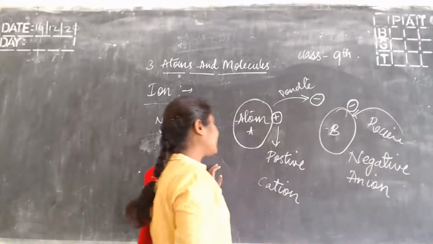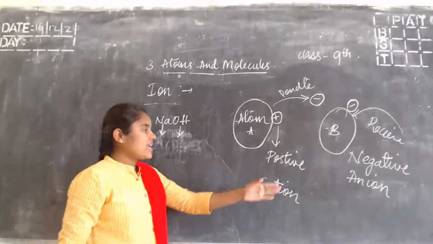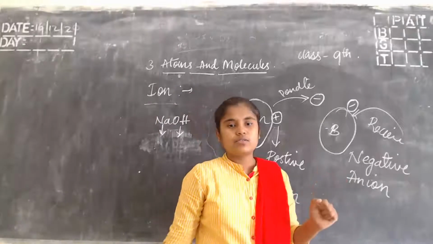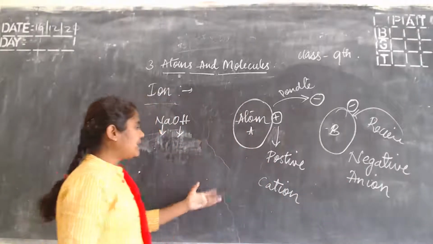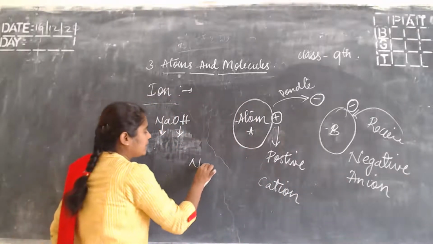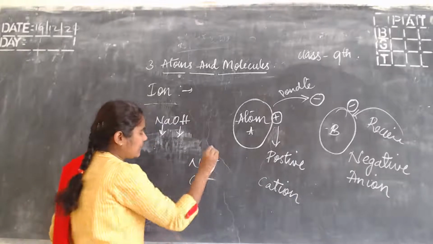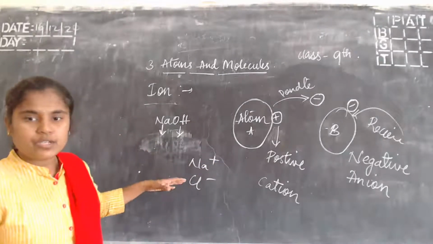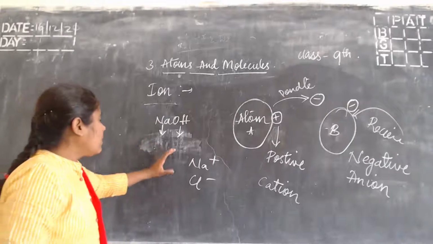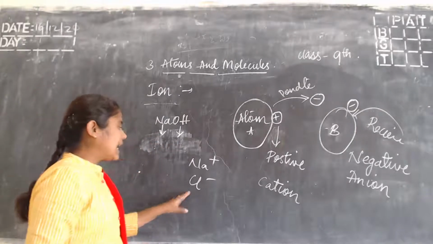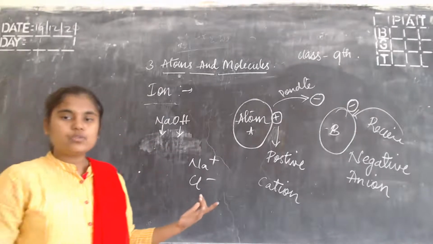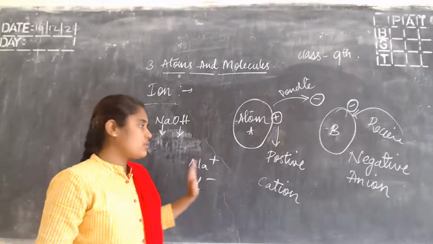Now the question comes: how to remember cation and anion very easily? Many times we write atoms like Na plus, Cl minus. If somebody suddenly asks which is cation and which is anion, we get confused and sometimes give the wrong answer.